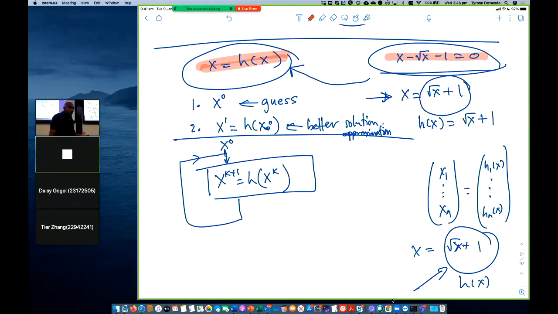I've taken the equation and written it in the form that I need to be able to use the Gauss-Seidel technique. The form that I require is x equal to some function. From x minus root x minus 1 equals 0, I can say x must equal root x plus 1. So the function h(x) has to be root x plus 1.